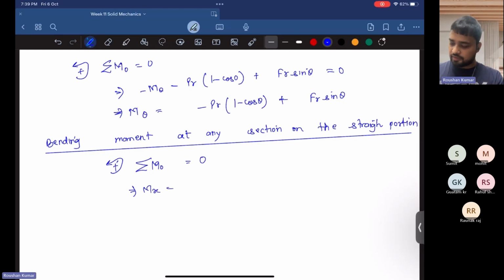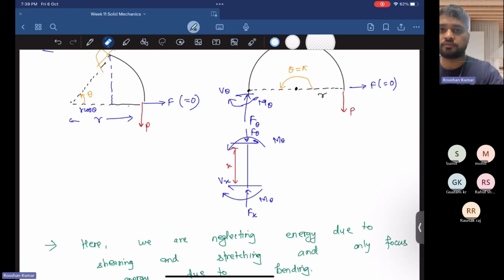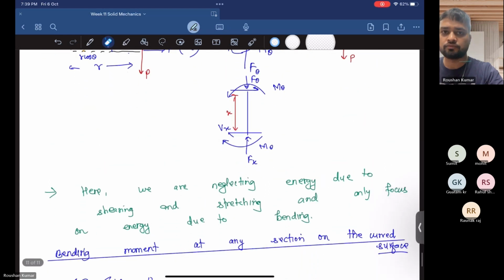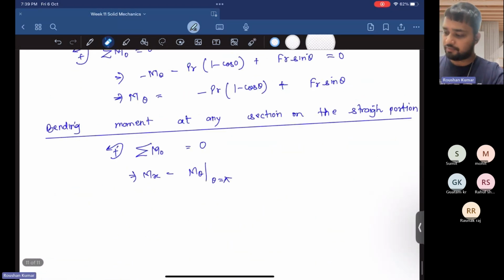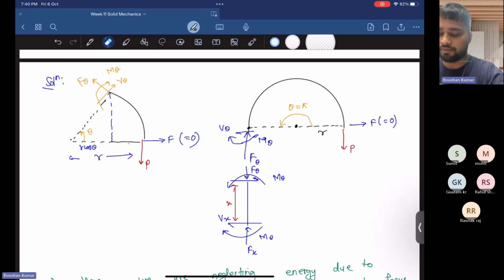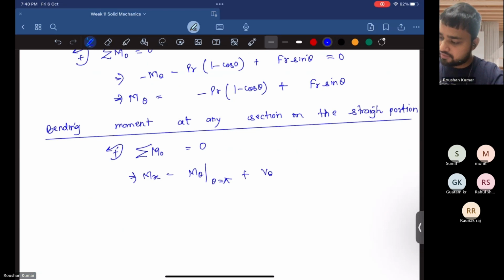So Mx minus M theta at theta equal to pi, because you can see the straight portion lies at theta equal to pi, plus V theta at theta equal to pi into x equals 0. I hope I am audible to everyone.